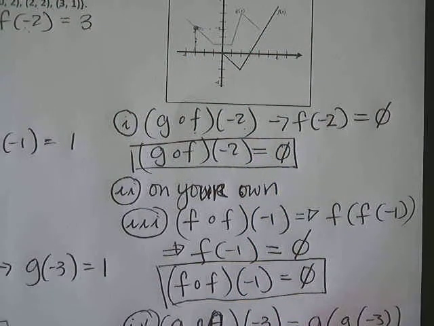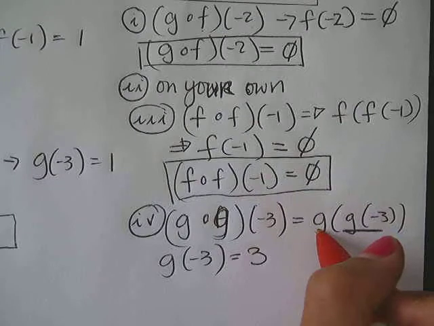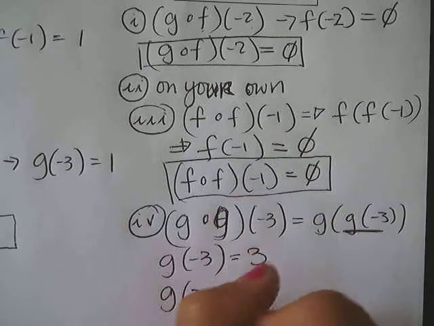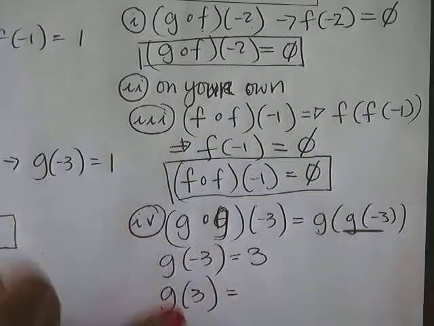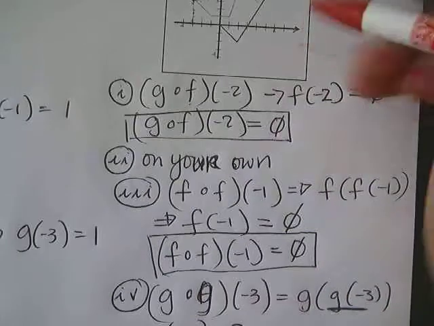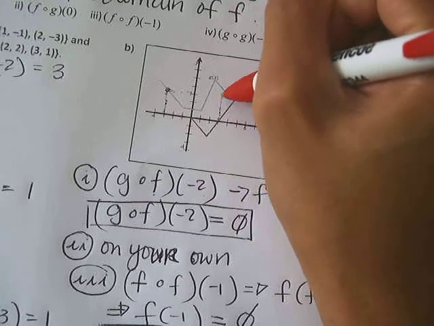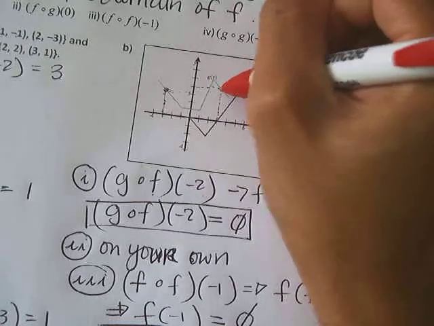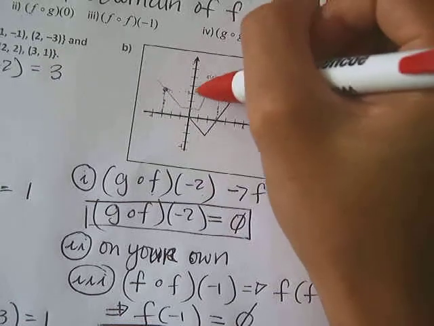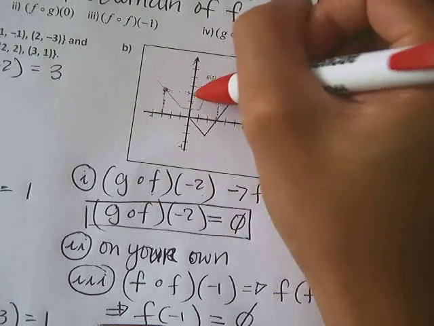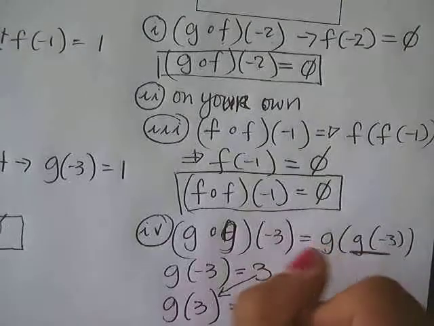Then the second piece, I'm going to take g of +3. So I'm going to go 1, 2, 3. When the input is 3, let's see how far I can go. What's my output? 1, 2, 3, 4. Looks like it's +4.